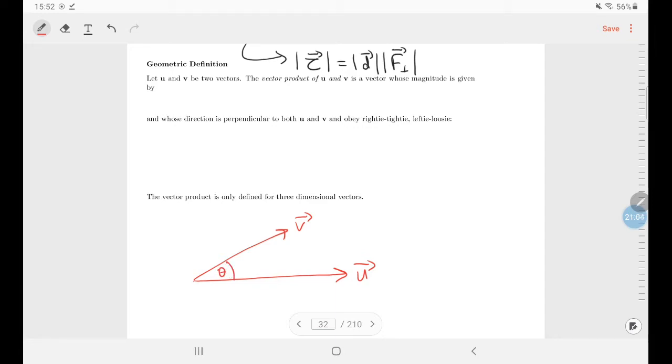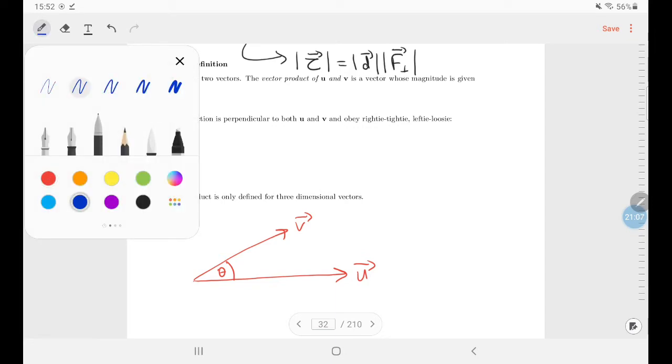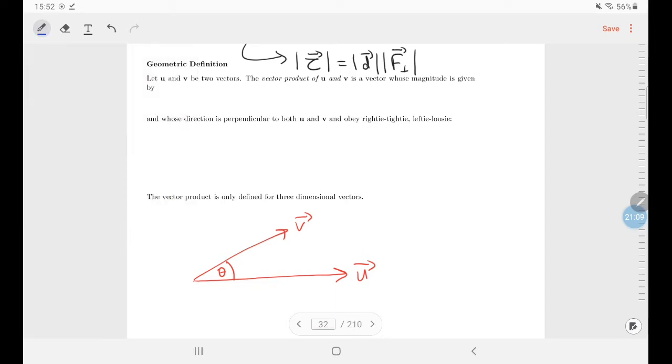Now, if I'm looking at the magnitude of the vector product between these, the only part that does anything is this bit here. So v has a bit parallel to u that doesn't do anything in terms of moments. So that'd be v parallel. But v perpendicular does. And what we want to say is that the magnitude, not the actual vector product itself, which is a vector, we will learn eventually how to calculate it.